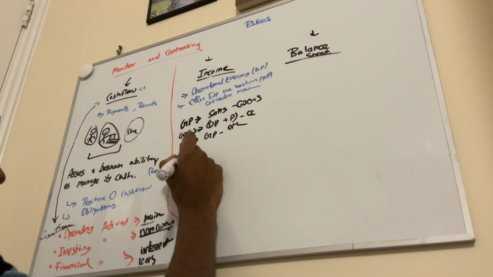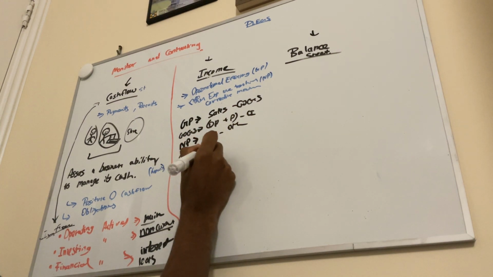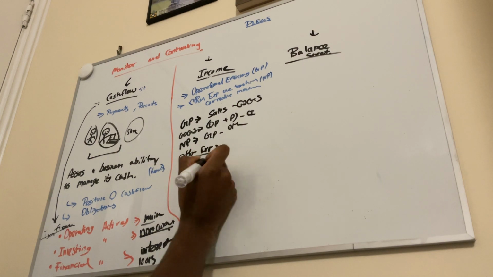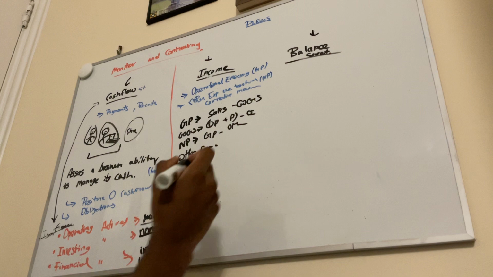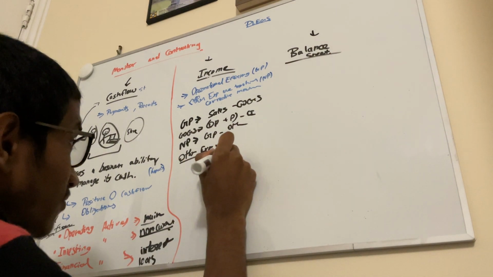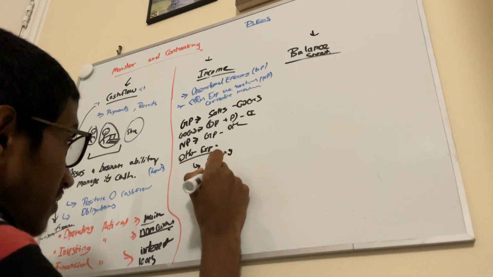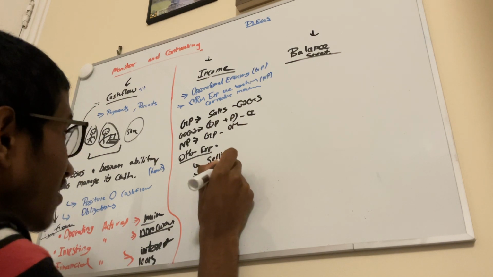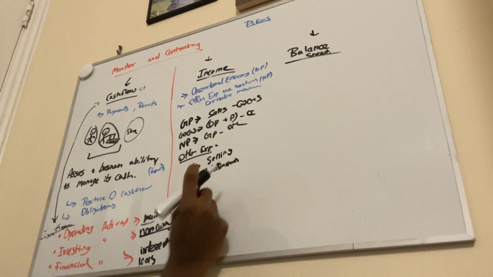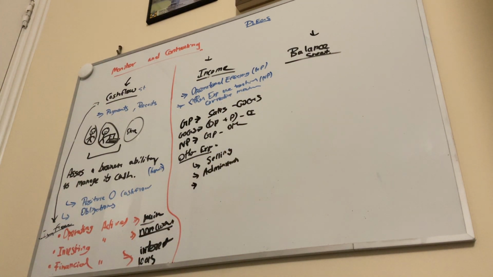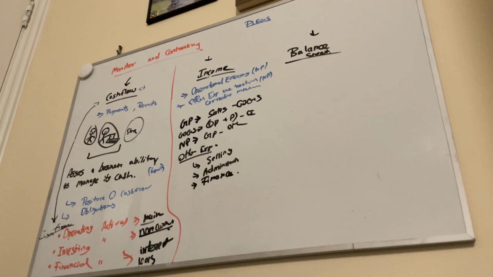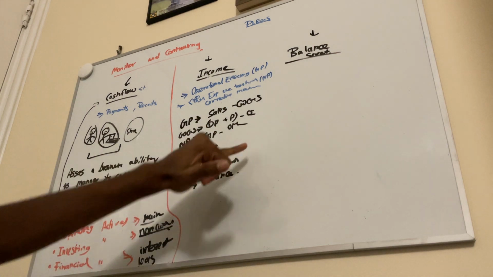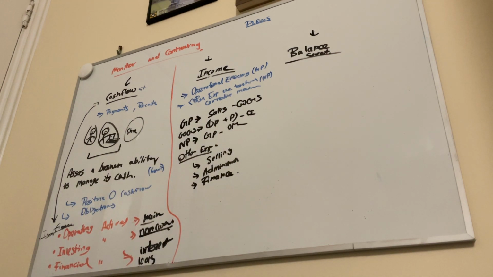And at this point, you're like, what are these other expenses? Well, there are three types of expenses: selling, administrative, and finance. Okay, easy. So these are the three types of expenses. What are inside each of those? I'll explain.